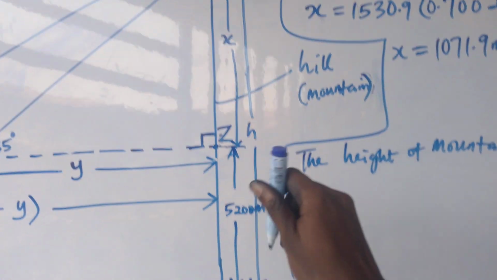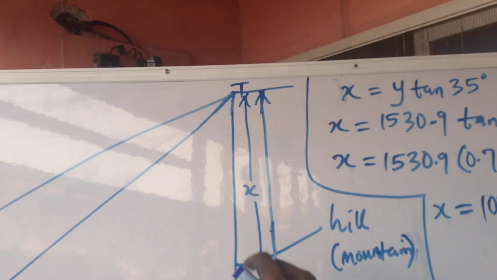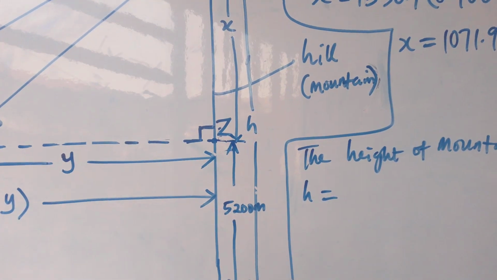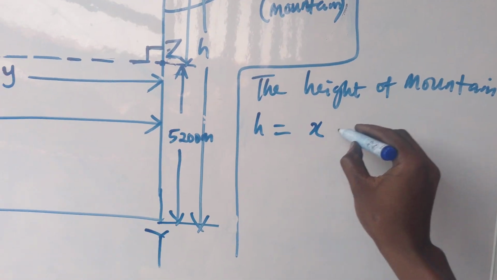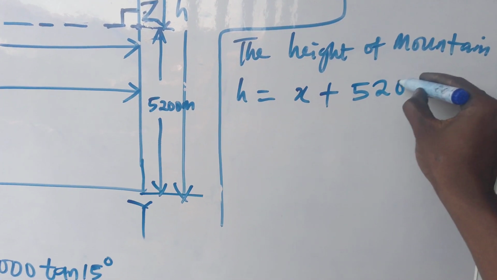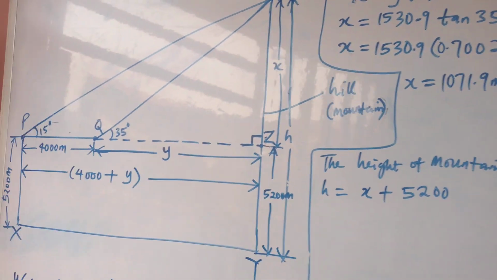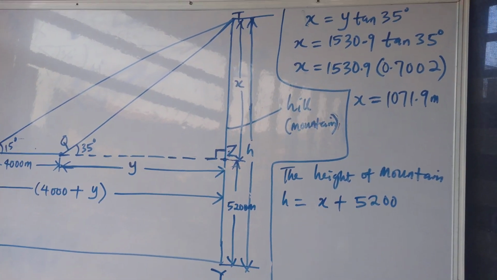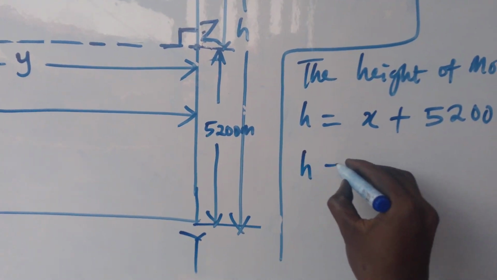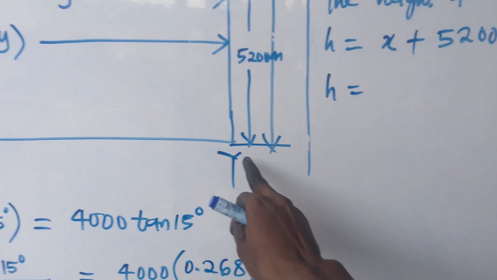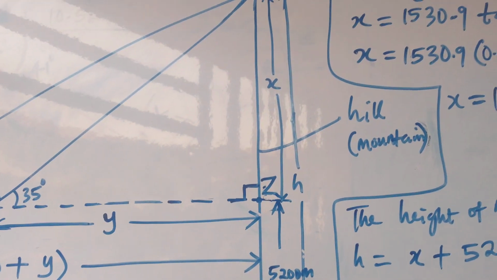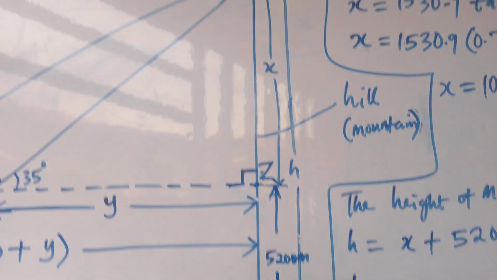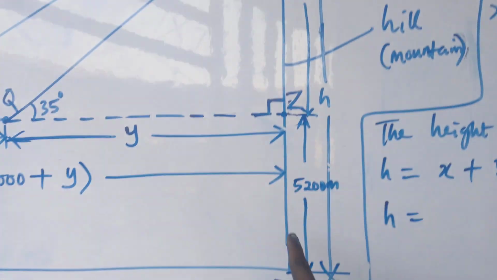which is h, will be equal to x plus 5200. If you observe, the height of the mountain is x plus 5200, the distance from this point to this point.